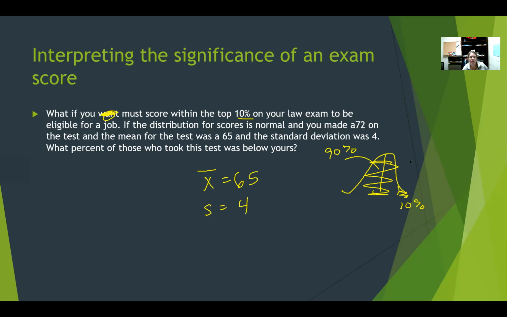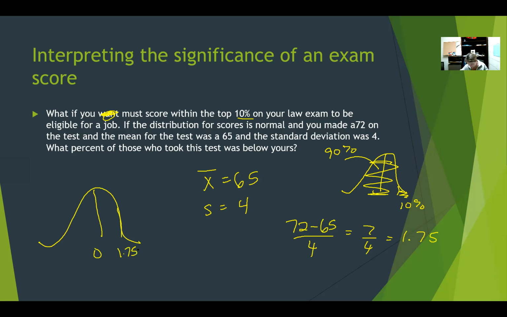So what would we do here? Well, we would first need to find the z-score. So we would do 72 minus 65 over 4. So our z-score here would be 7 over 4, which equals 1.75. Okay. So remember here, we're going from here to 1.75.